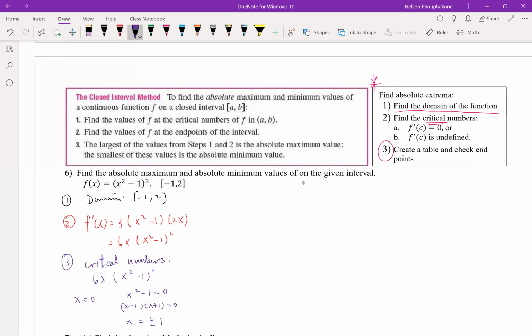And now, step number 4, basically I'm going to create a table. The x values that we would like to put down are the two endpoints, -1 and 2.